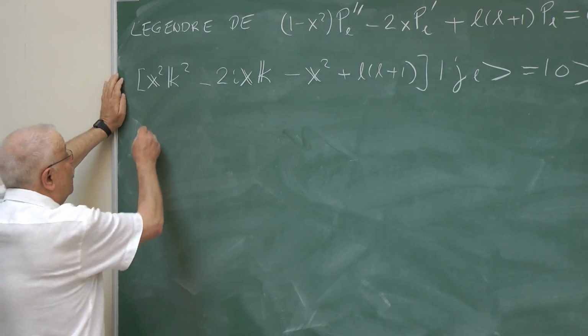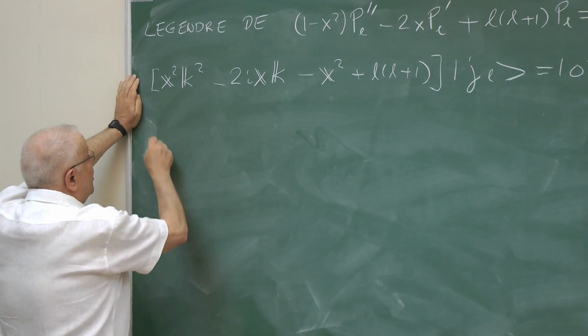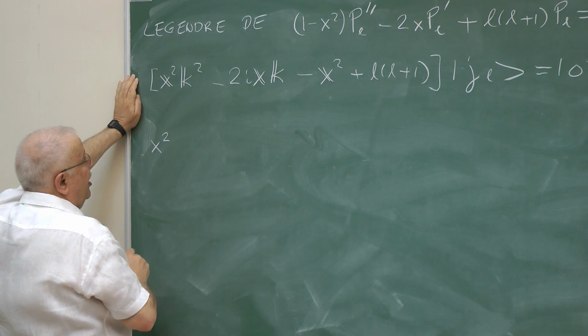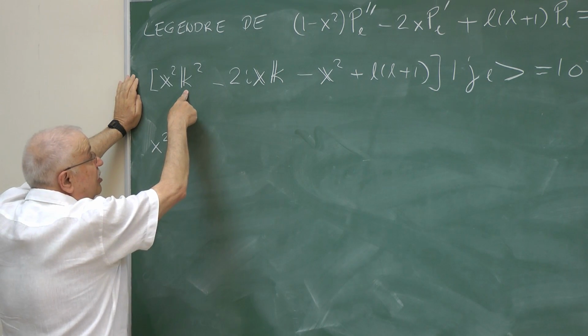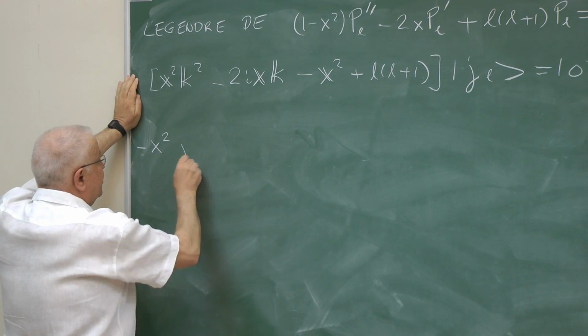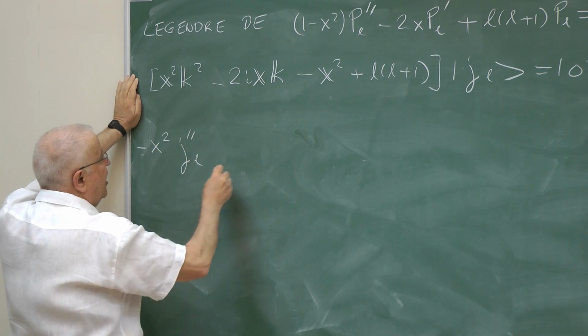Now back to concrete form. Operator x squared becomes ordinary x squared. K squared is minus second derivative, so minus J_L double prime.